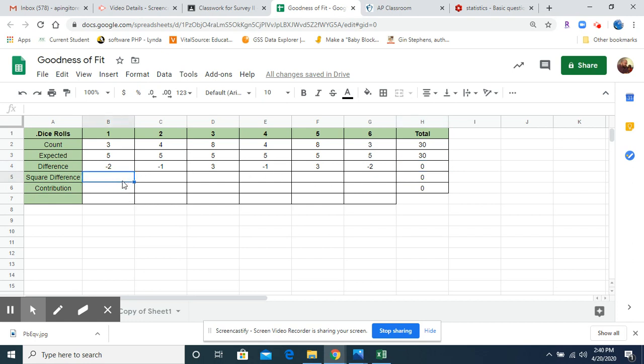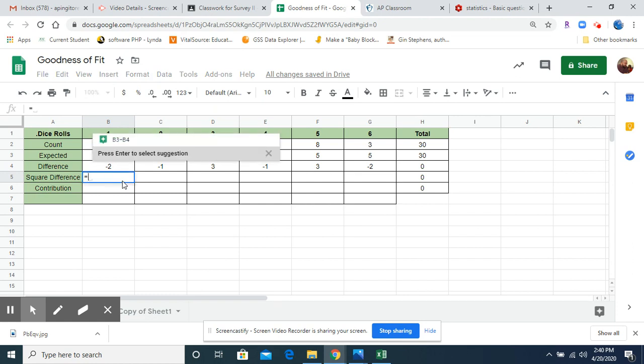So in order to find the cumulative difference, we need to make sure they're all positive. And not only do we want them all to be positive, but we want to exaggerate the ones that are far off, and the ones that are close, we're not going to add so much to it. Well, if we square each difference, the further the difference is from what we expected, the larger that number will be.